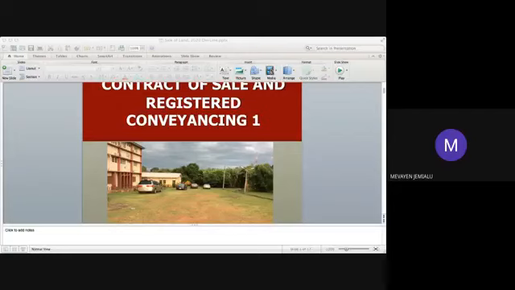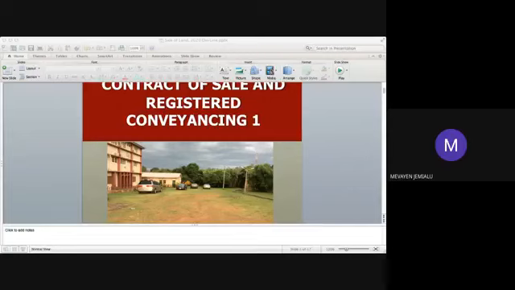Let us move on. At this point, we said the rule is caveat emptor, buyer beware. Buyer beware, because at the pre-contract stage, it is not the duty of the vendor to disclose patent defects.